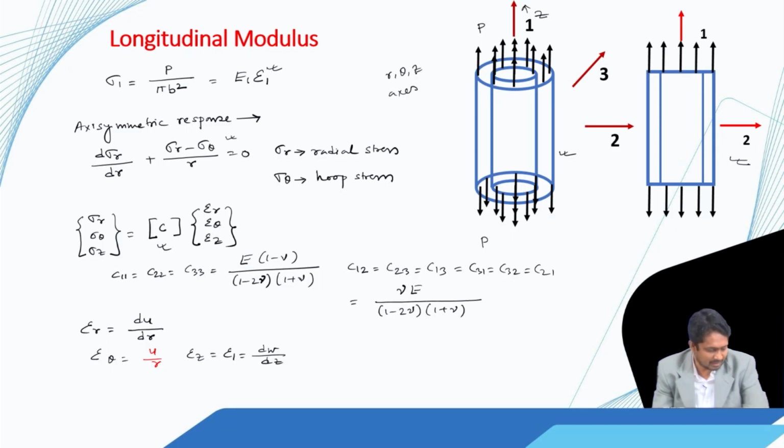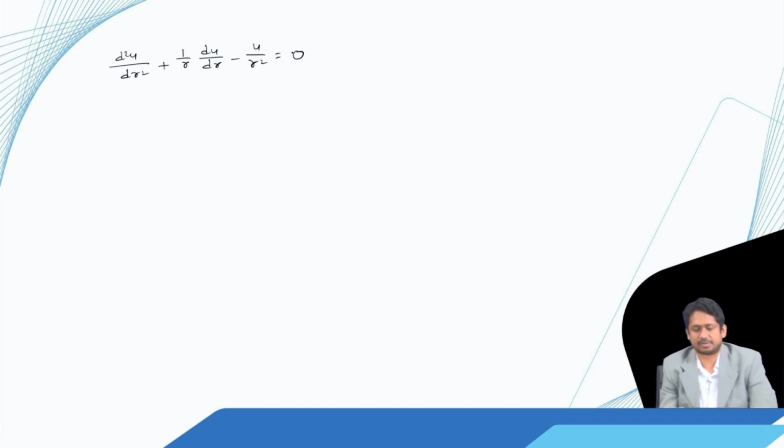With that we can combine all the relations and write the equilibrium equation in this form: plus 1 by r multiplied by du by dr minus u by r square, and that is equal to 0.